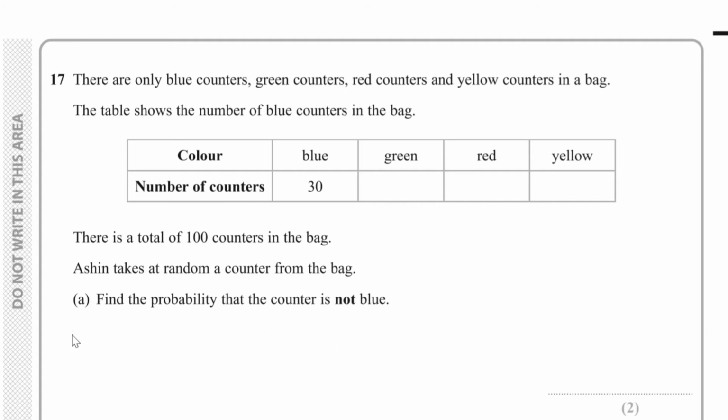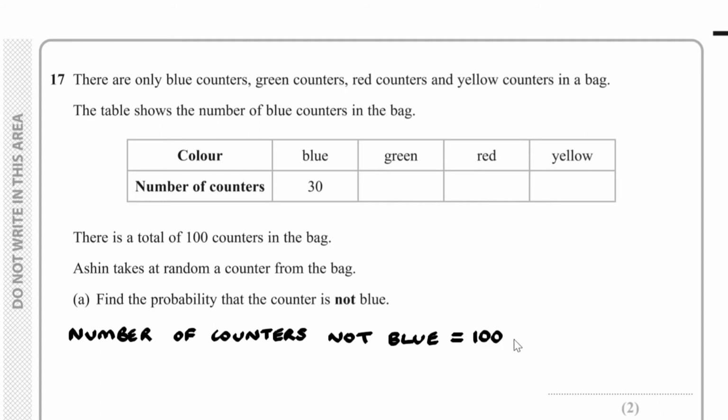So the number of counters that are not blue, well, if we've got 100 counters in total, 30 of them are blue. So if I subtract 30 from 100, it turns out 70 of the counters are not blue.